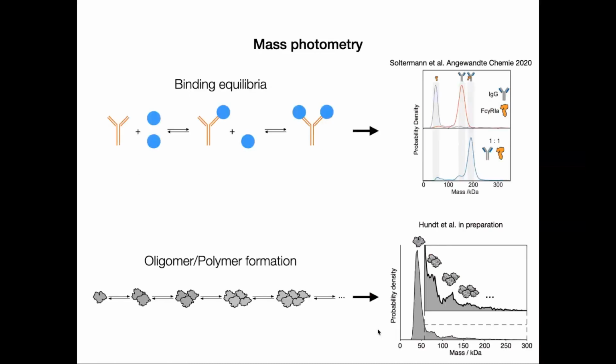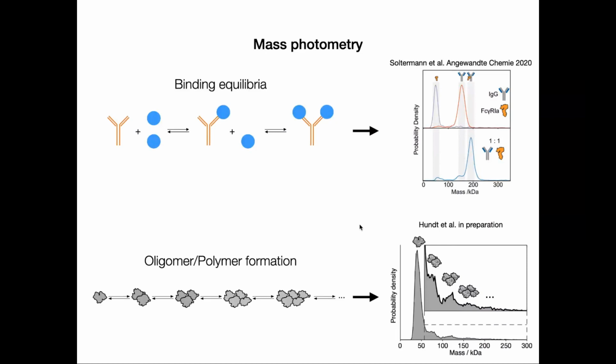With this, now you can investigate unknown protein systems. For example, this has been done to study the interaction between an IgG antibody and an Fc gamma receptor in a one-shot measurement.